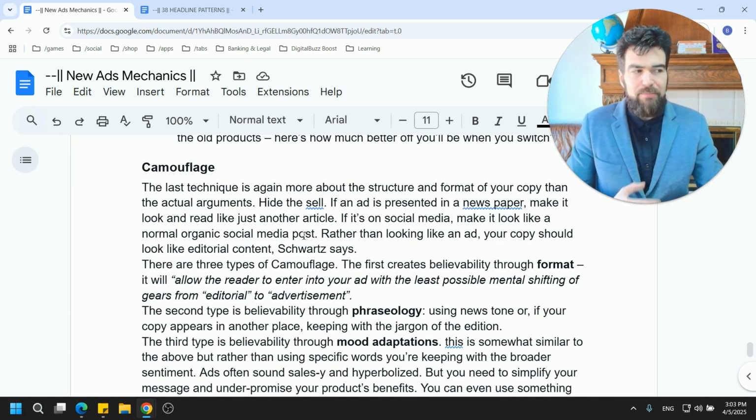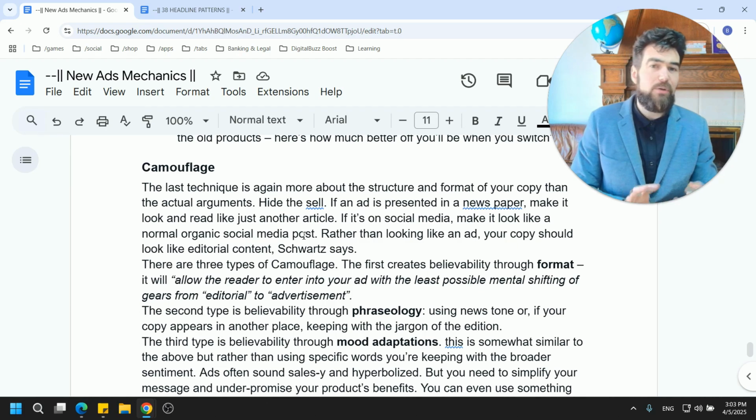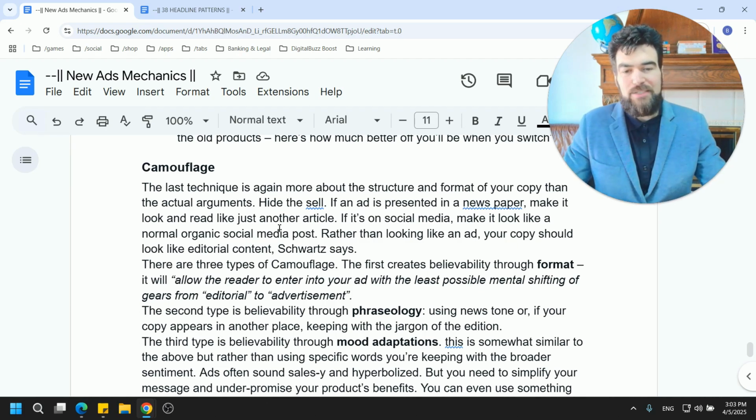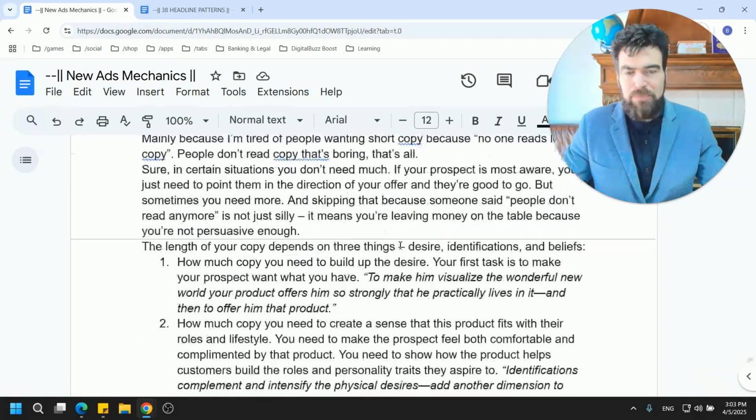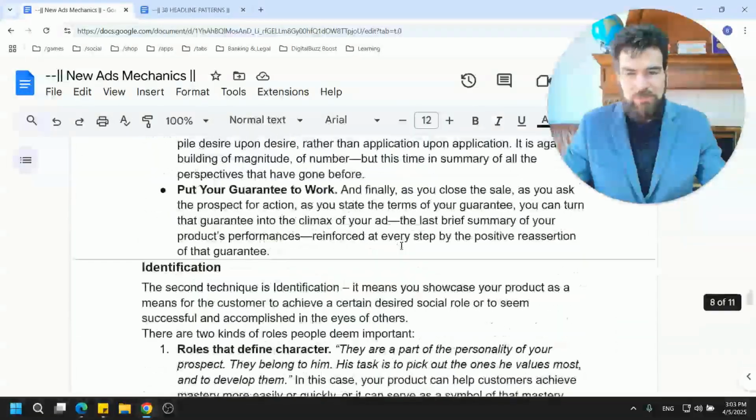It's about making your ads appear organic. And this will bypass a feeling of resistance, or bypass the defense mechanisms of someone that's reading your ads, because they think it's like a normal post. And this is really the most important part of Eugene Schwartz's book.